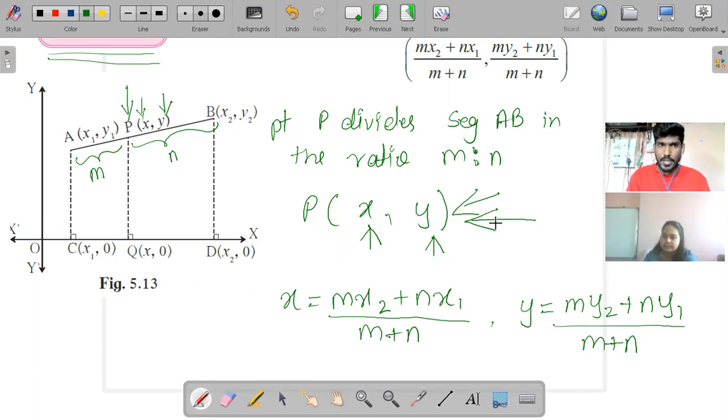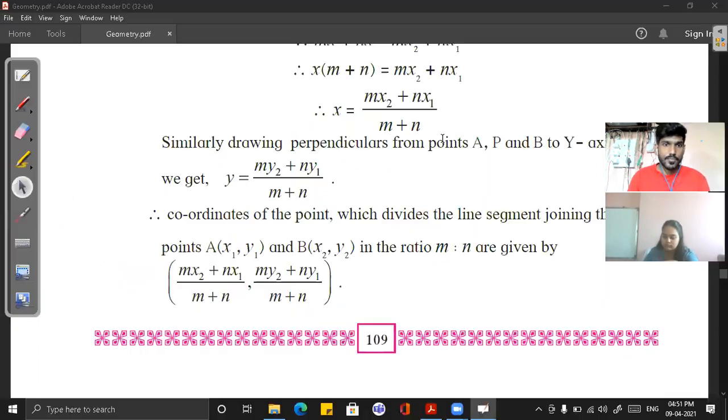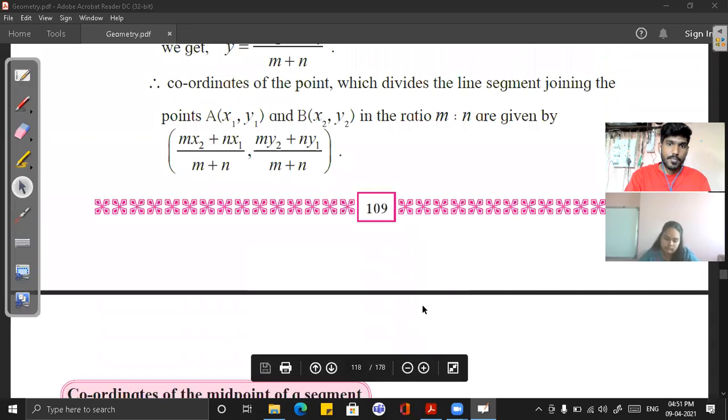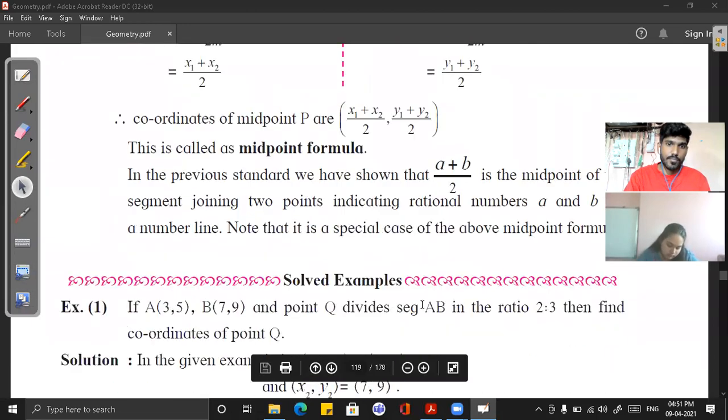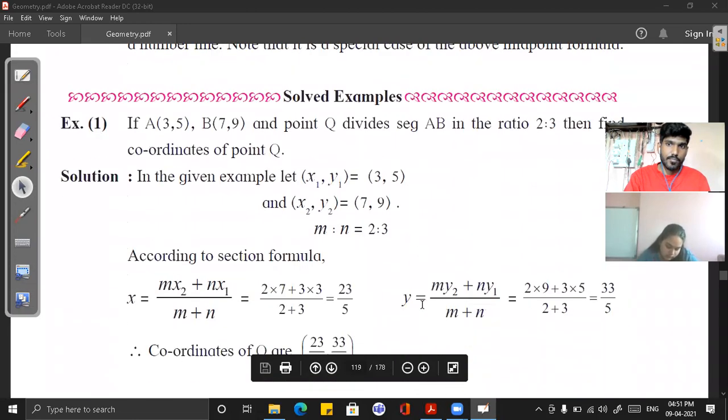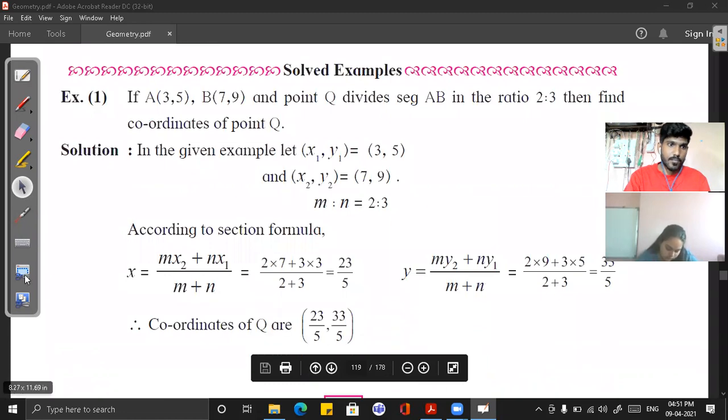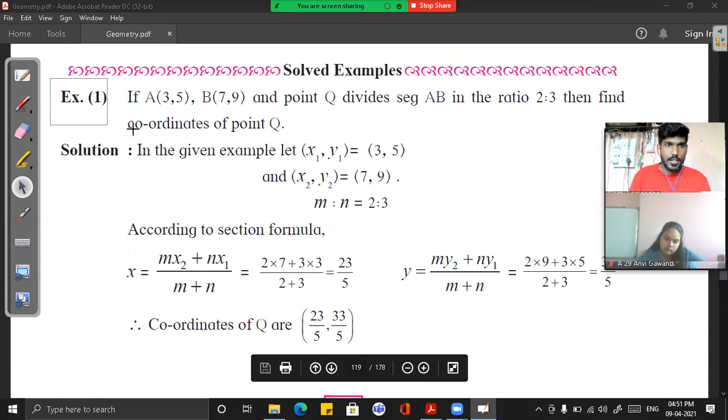So is the section formula clear? Any doubts in section formula? No? Okay, we'll do one sum so you'll have a deeper understanding of this. We'll do this first example sum itself, and then we'll move on to the exercise.